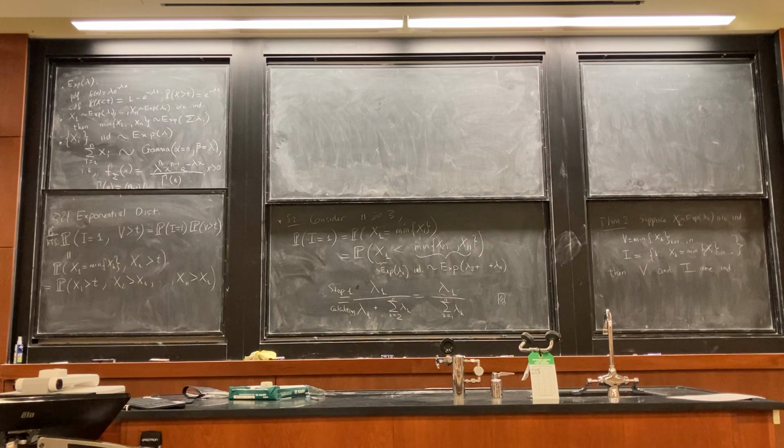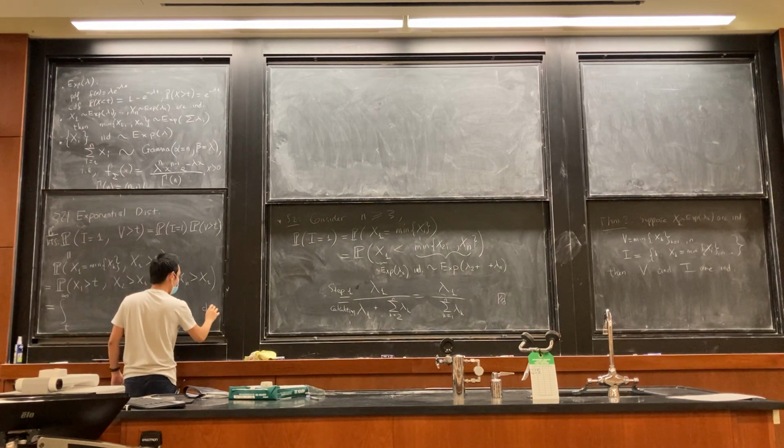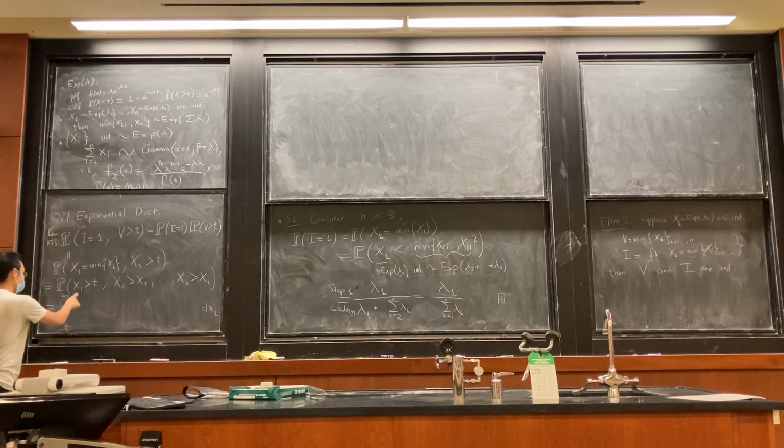So now you're going to have, pretty much, n integrals. I'm going to start from this one over here, x1 greater than t. So that means I need to integrate starting from t up to infinity of dx1, and I need to plug in the density, f1.